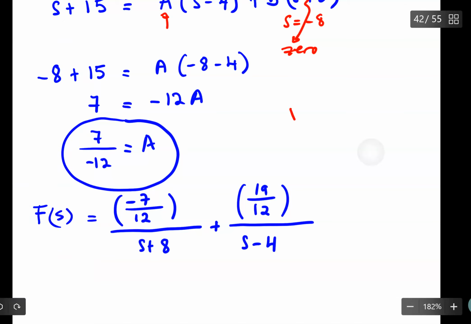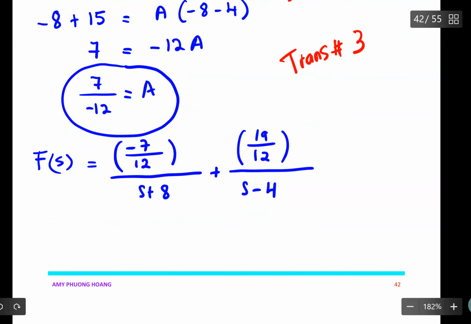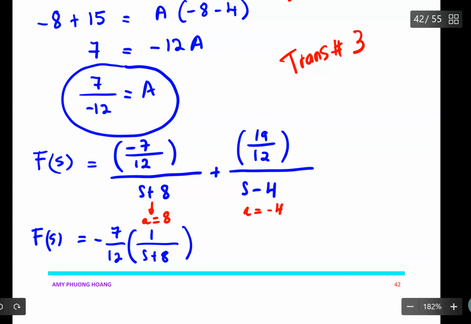Okay, so let's get back to our solution. I'm going to use transform number 3. Using transform number 3, I should have a equal to 8 here, and a equal to negative 4. Before I do that, I should factor out negative 7 over 12. So on here I should have 1 over s plus 8. Here I should have 19 divided by 12, and I have 1 over s minus 4.